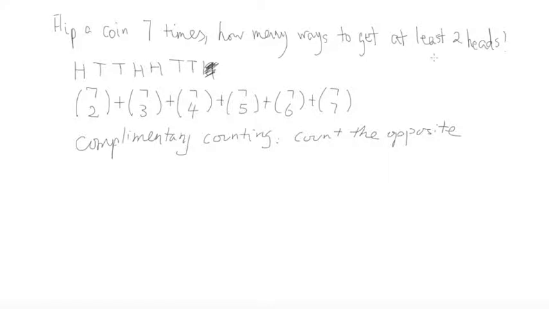The opposite of at least 2 heads is less than 2 heads. And in this case, it just means 1 head. Now how many ways can you get 1 head? Because you're flipping 7 times, this head could appear in any of the 7 places. So there are exactly 7 ways.